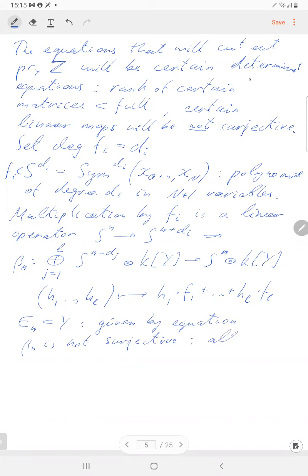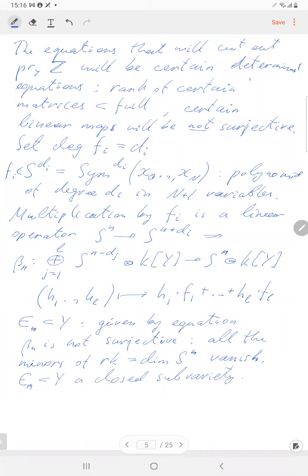That is, all the minors of rank dimension of Sn vanish. Okay. So it is a closed subvariety in Y. So En in Y is a closed subvariety given by explicit polynomial equations, vanishing of some minors of this matrix.